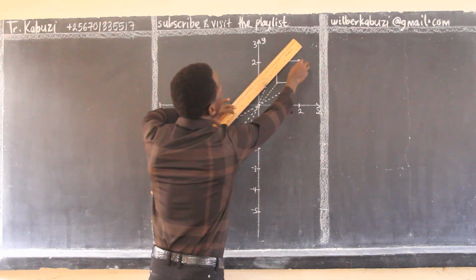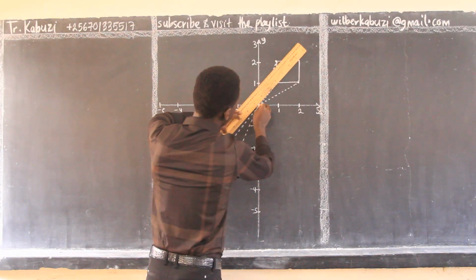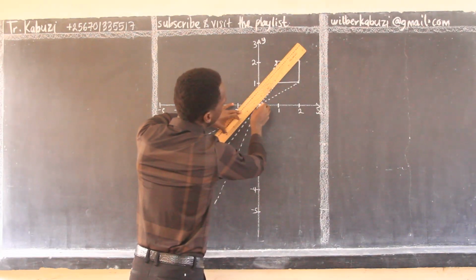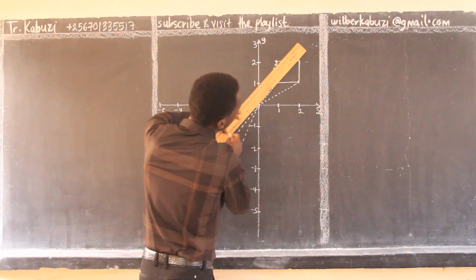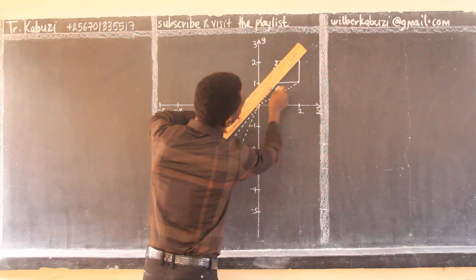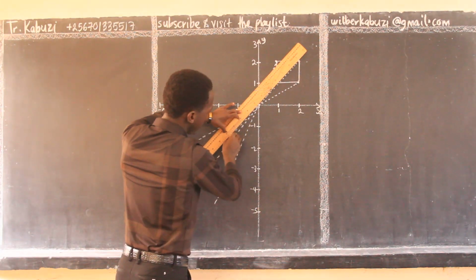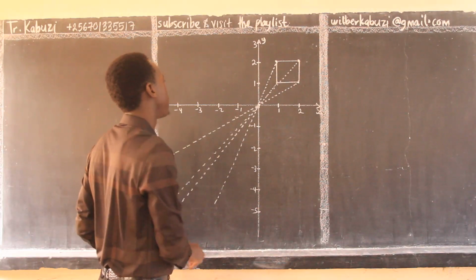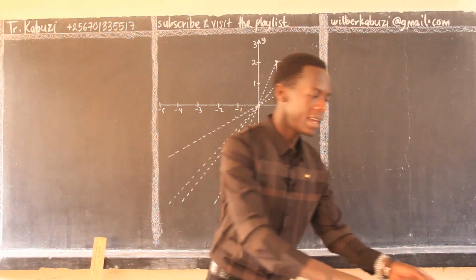Then the last one, which is this one, to the center of enlargement. So there, you also join it in that order. Those lines should be long enough. So the next thing is, now this is the interesting part.